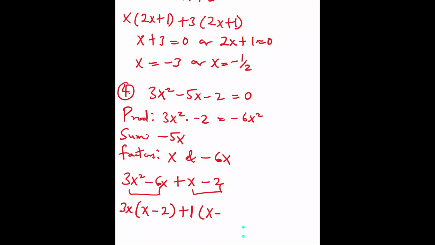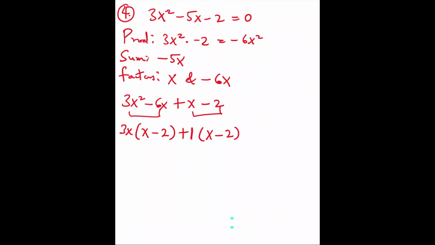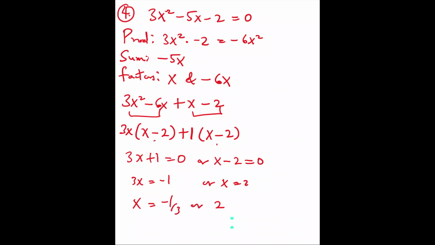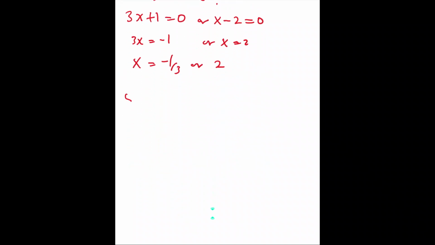There's nothing really common, so let's just put 1. So that will be plus 1 times x minus 2, okay? And I told you that whenever you see one of the terms, one of the answers being replicated, you know you're doing it right. So that will be 3x plus 1 is equal to 0, or x minus 2 is equal to 0. So we have 3x equals minus 1, x equals 2. So that will be x is equal to minus 1 over 3, or 2. So that's it for number 4.